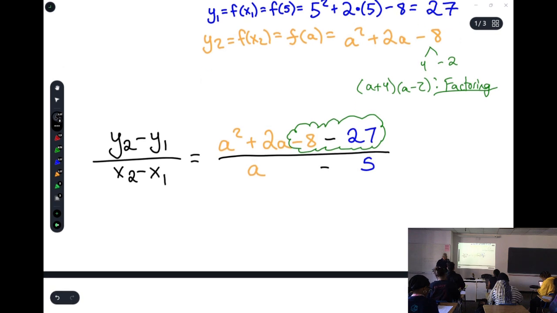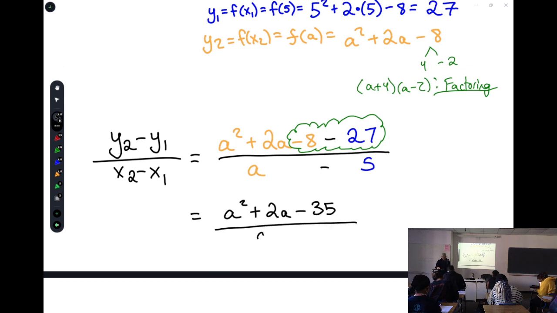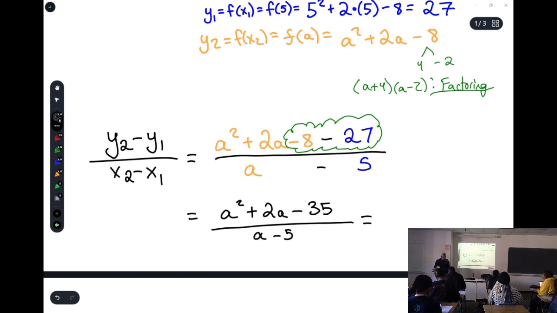So now we're actually left with a squared plus 2a minus, is that 35? And a minus 5? You know what that top gets to do? Turns into a plus 7, a minus 5.